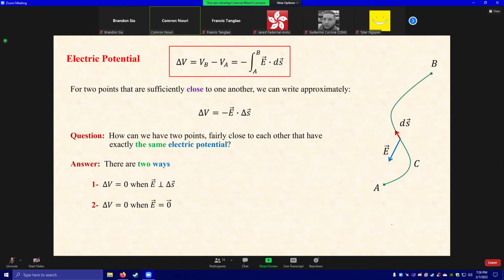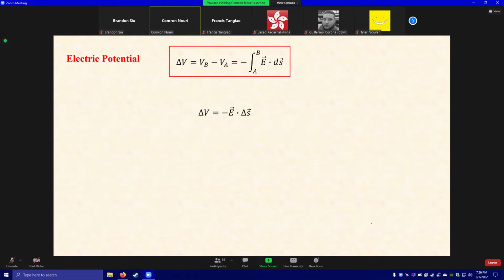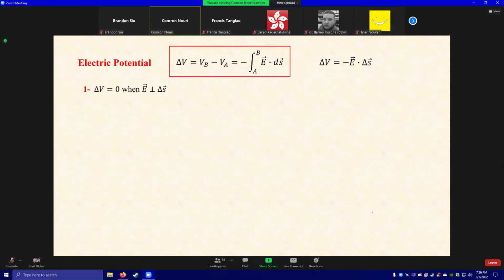Each one of these has very interesting physical results. What happens if E and delta S are perpendicular to each other?